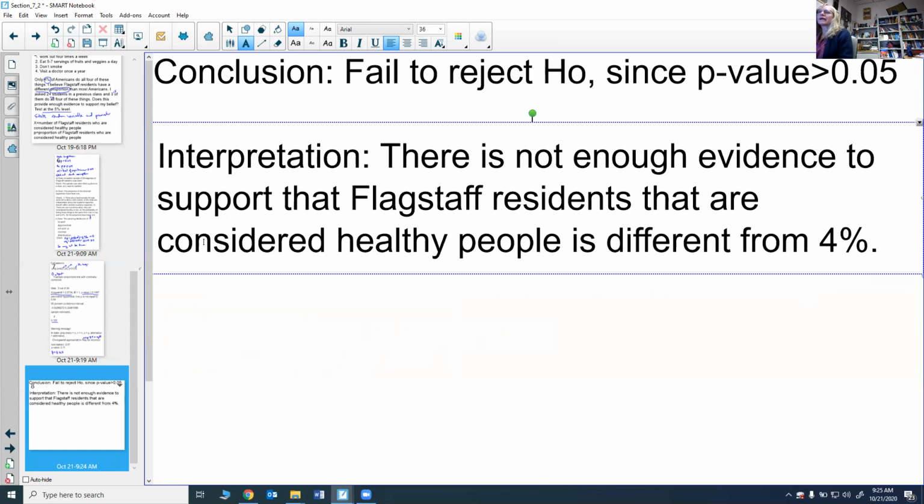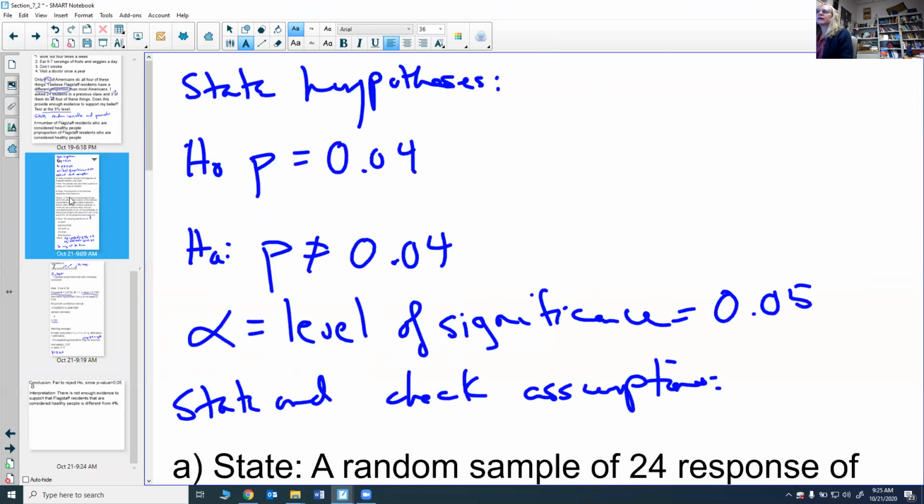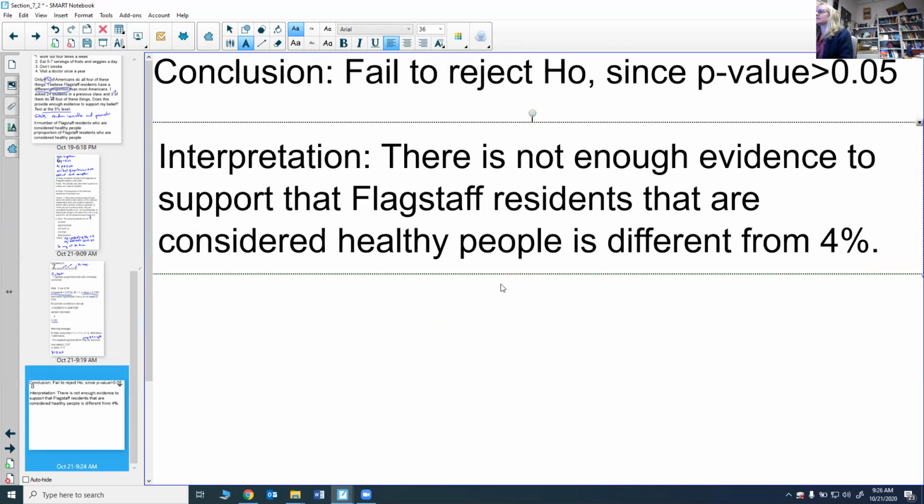Because that, again, was my HA. My HA was that it was different from it. So that's all I can say. We can't show it's different. And that's a hypothesis test for proportion.